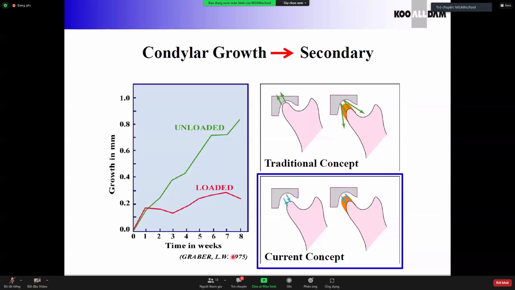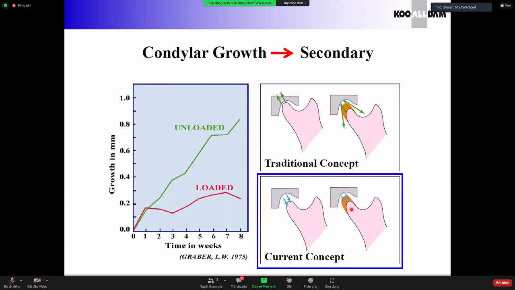In 1975, Dr. Graber told this. When there is pressure in the condyle, this is called loaded, like a chin cup, and there is less or no growth in the condyle area. On the other hand, in some cases, unload.